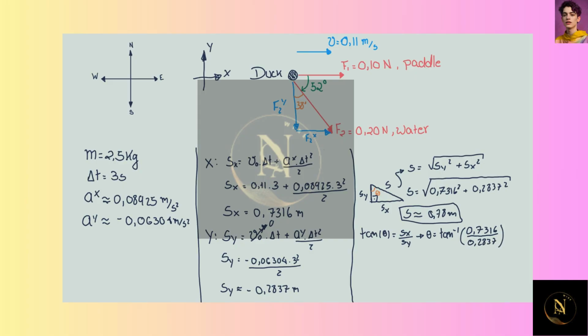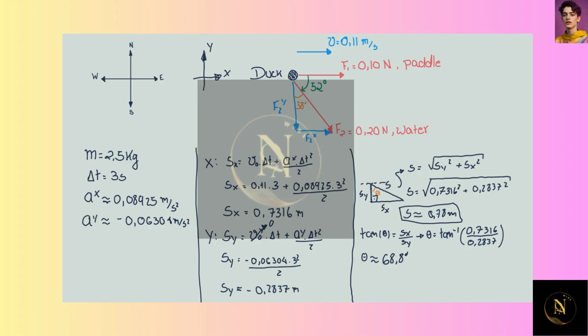Notice that I'm not including the minus sign because in this situation it's just one of the sides of a triangle, and the side of a triangle is always positive. Then we conclude that theta is approximately 68.8 degrees. So this is the east direction.